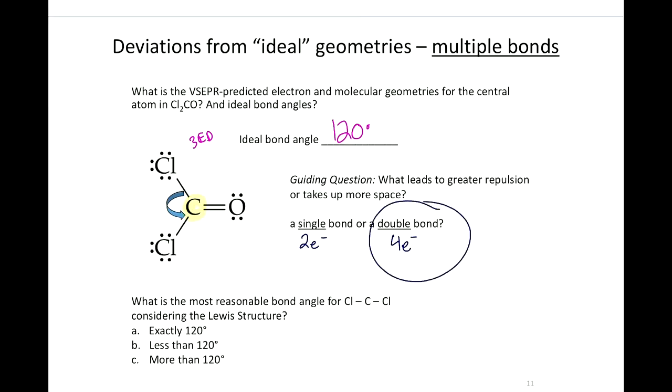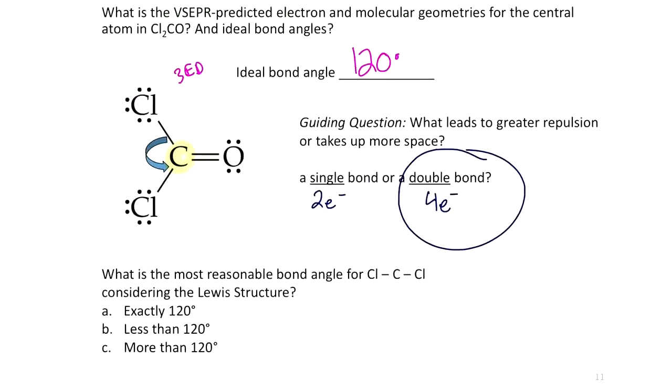It's the one with 4 electrons. Just like lone pairs are big, fat, and juicy and take up more space, double bonds, for that same reason, will deviate our ideal bond angles and push some bonds closer together. So this double bond takes up more space, and therefore it pushes these 2 bonds closer together.